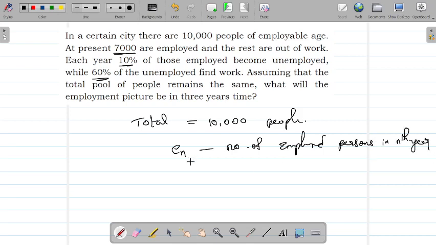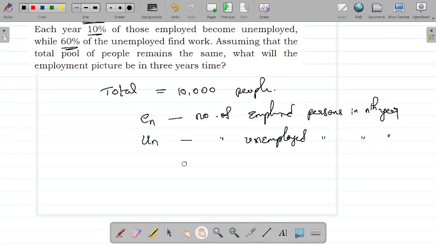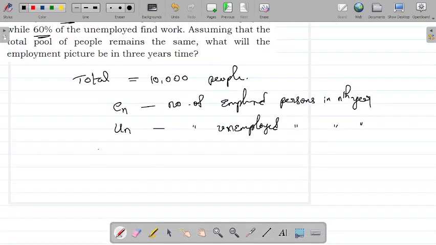If you take E1, that is the first year. Similarly, Un represents the number of unemployed persons in the nth year. Okay. So you know what is E1. E1 you directly know is 7000, whereas U1 you know is 3000.